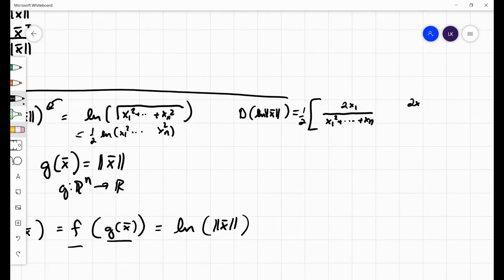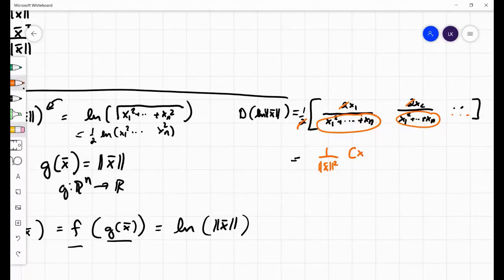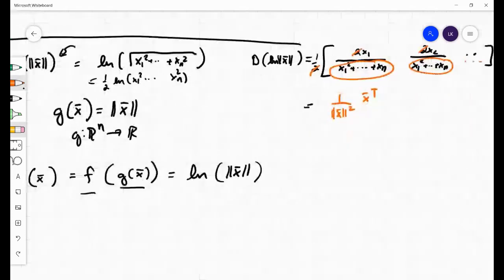And so on. By symmetry, you would get similar stuff. So you could do it that way. And what you're going to get is, after the 2's cancel, 1 over, I'm pulling this out, it's a common factor in all the derivatives, the magnitude of x squared times x transpose. Okay.